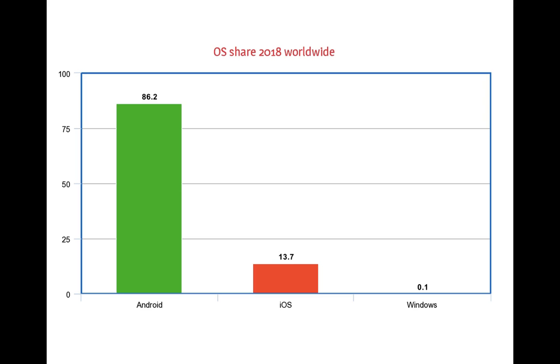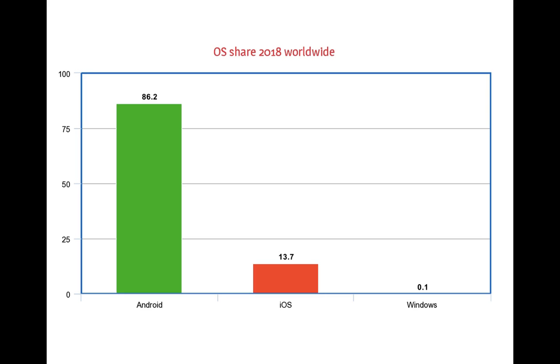It says that 86.2 percent of devices are running Android. After that, roundabout 13% is for iOS, and Windows is really irrelevant now. So this graph shows you that if you are building an application in Android, you are targeting a significant amount of people throughout the world.